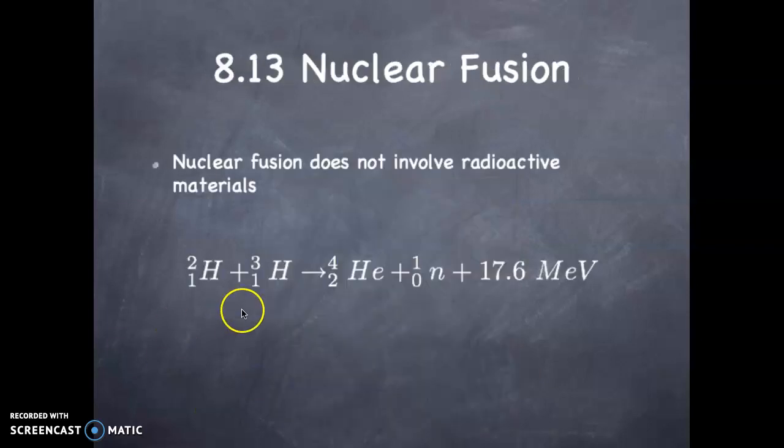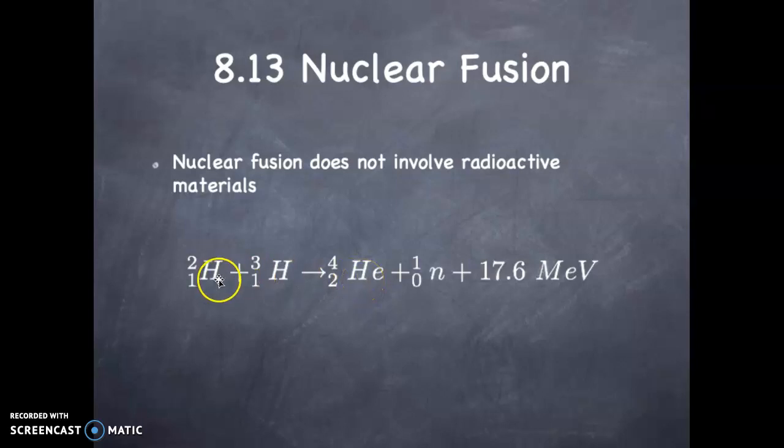This is the way nuclear fusion occurs, the reaction that occurs in the sun. We have not learned how to have this process on Earth yet. But you see here a deuterium hydrogen atom combines with a tritium hydrogen atom, generating a helium atom.